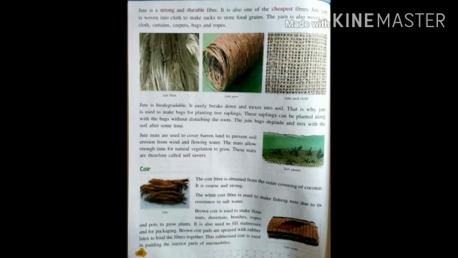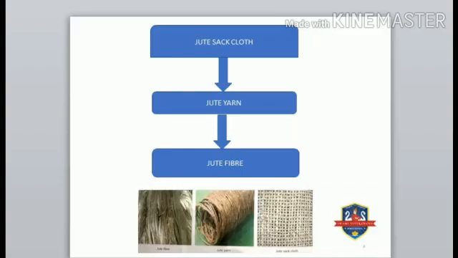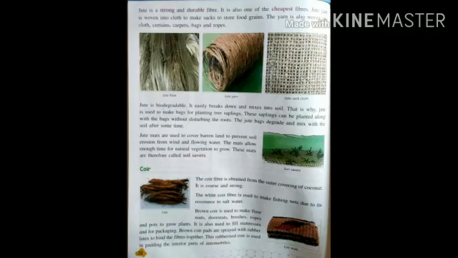We convert the fibers obtained from plants into jute yarn. As you can see in the flow chart I have attached here, the fiber is converted into yarn, which is further converted into jute sackcloth, which has multiple uses.